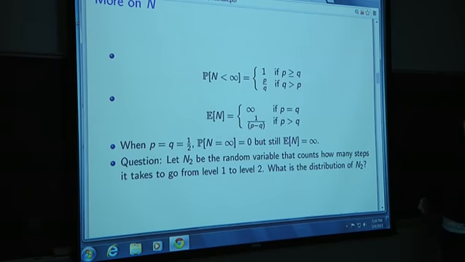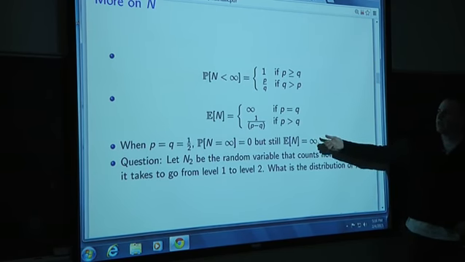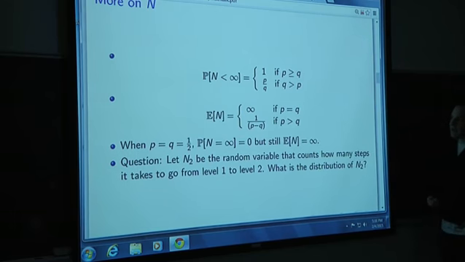So I will reach level 1 for sure in a finite time. But if I have a tendency to lose on each coin toss, then my trajectory is pushing downwards, and I might not even reach level 1. And you can also compute the expectation of n.